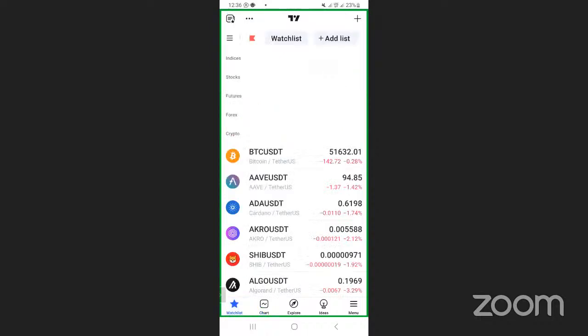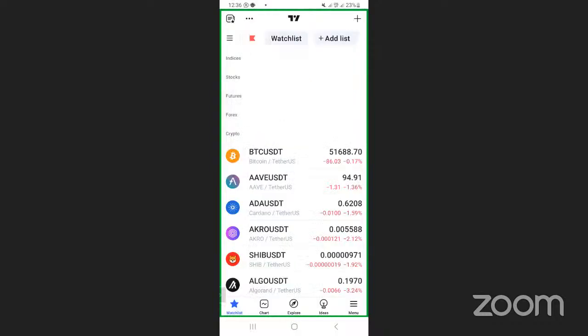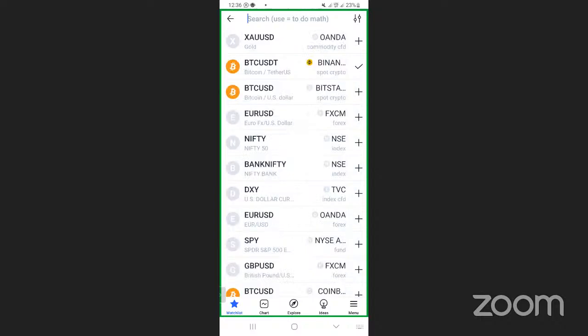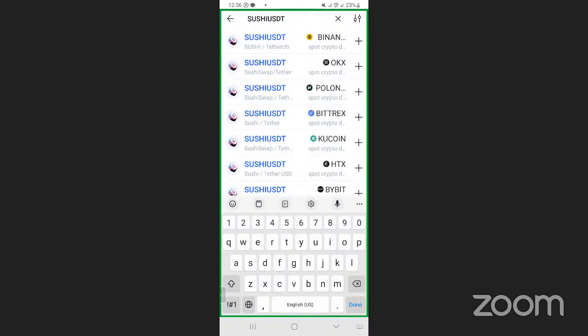So on our watch list, I want to add a coin called Sushi USDT. And then another coin.